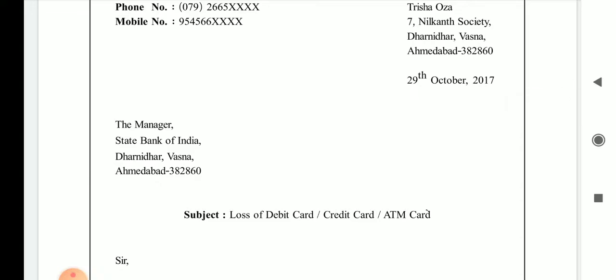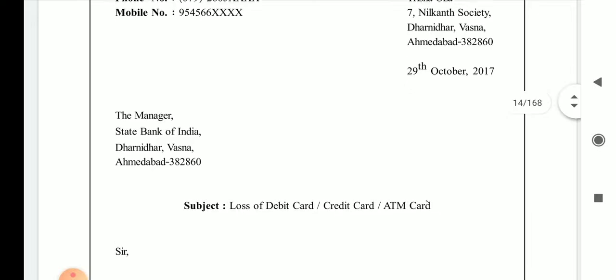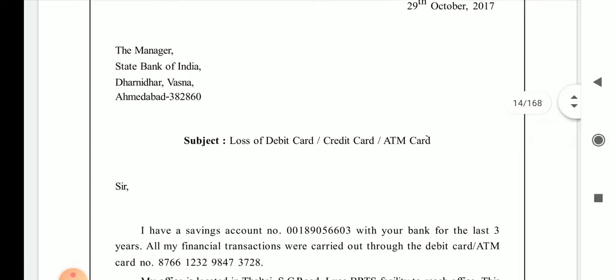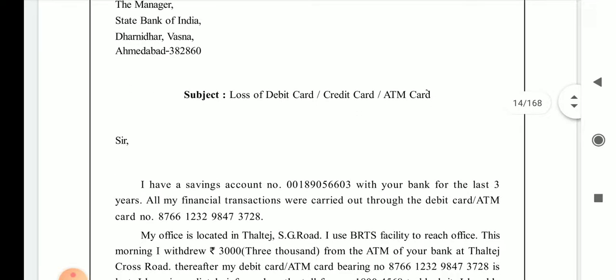Dharanidhar Vasana, Ahmedabad, and put a full stop behind the pin code; it is a very necessary part. Subject: loss of the debit card, credit card, ATM card. Here the person lost the debit card, credit card or ATM card; you may have any one kind of card. Sir is the salutation, and you can write anything.